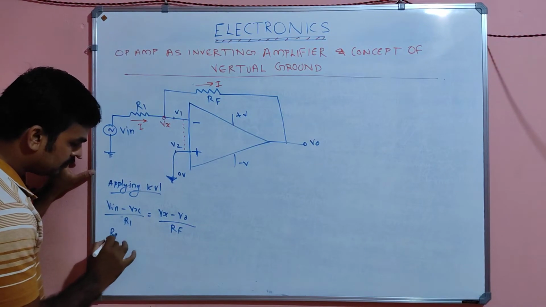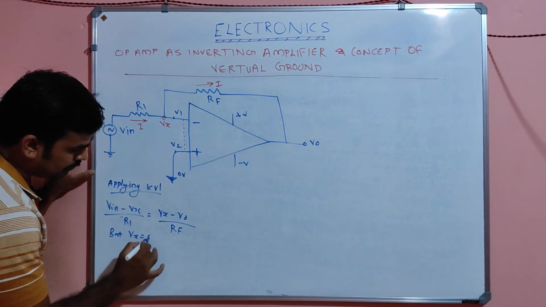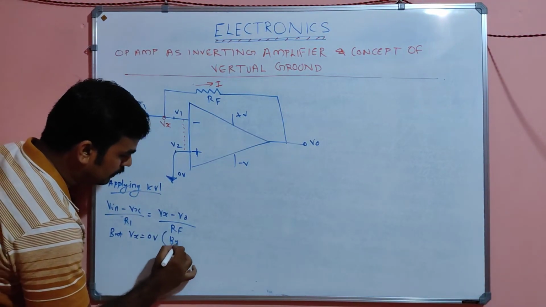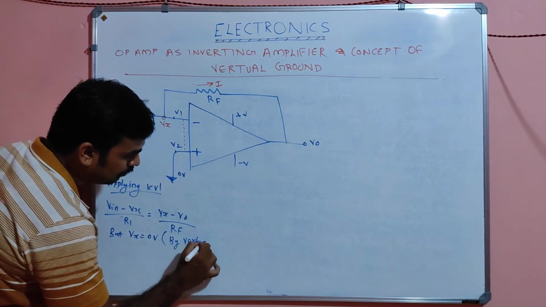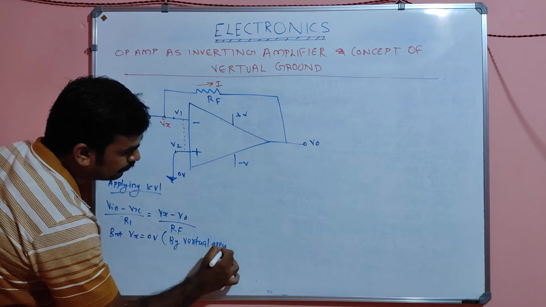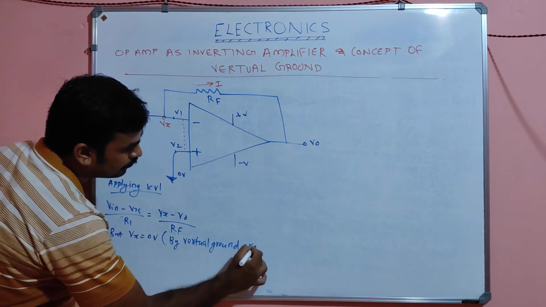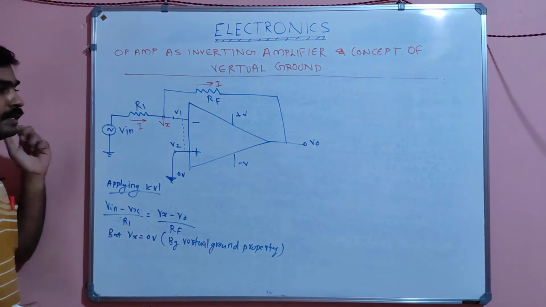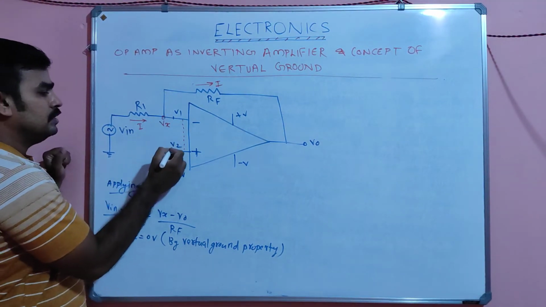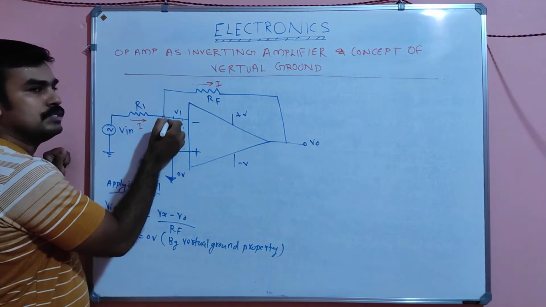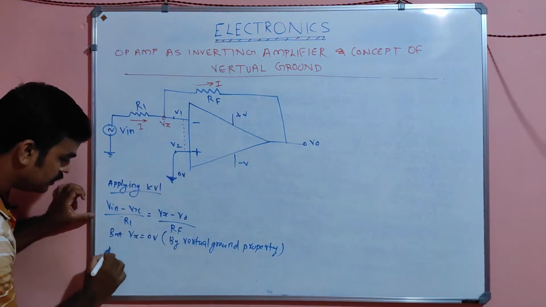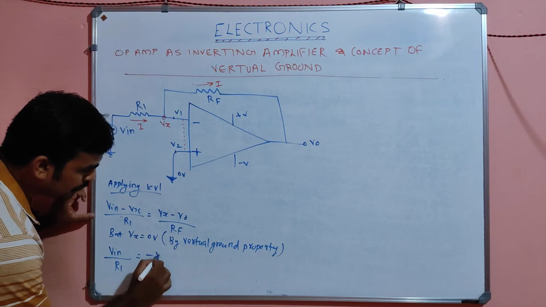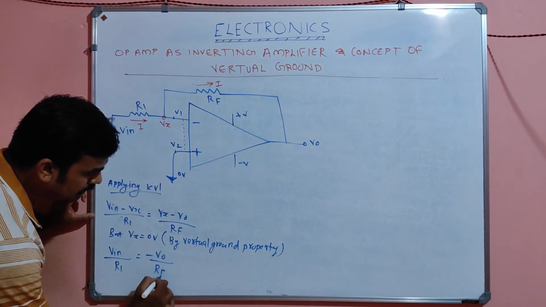But Vx equals what? Vx equals 0 volt by the virtual ground property. So V input divided by R1 is equal to minus V0 divided by Rf.